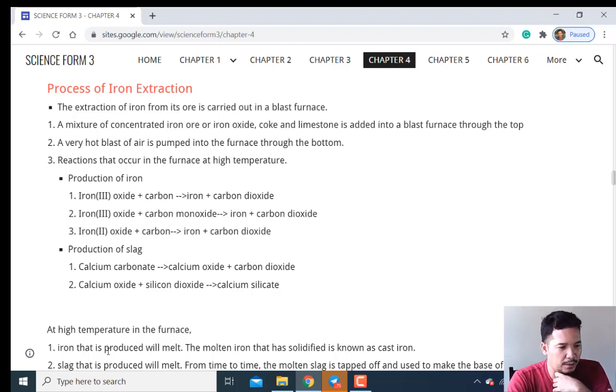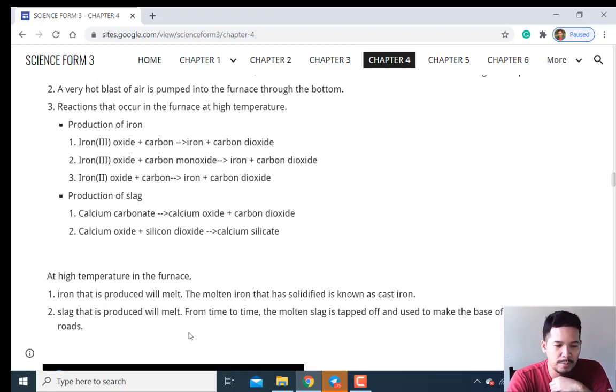At the high temperature of the furnace, the iron that is produced will melt. The molten iron that has solidified is known as cast iron, and the slag that is produced will melt also. From time to time, this molten slag is tapped off and used to make the base of buildings or roads.